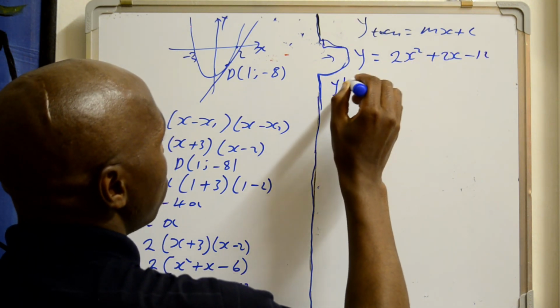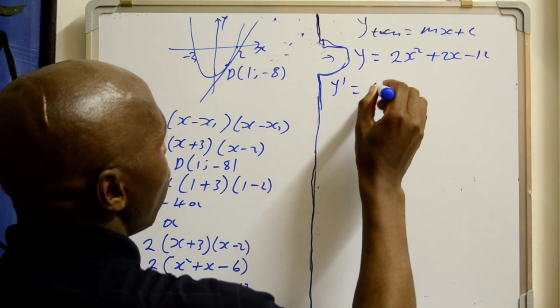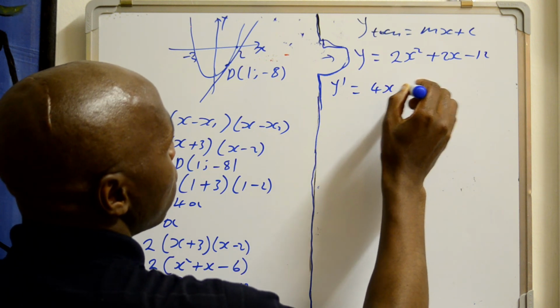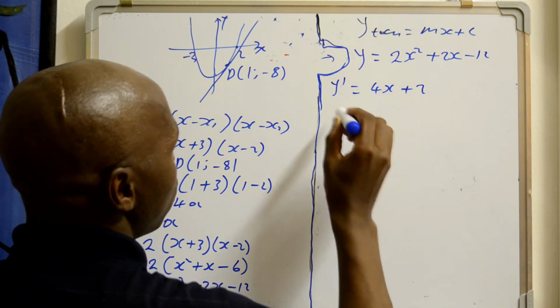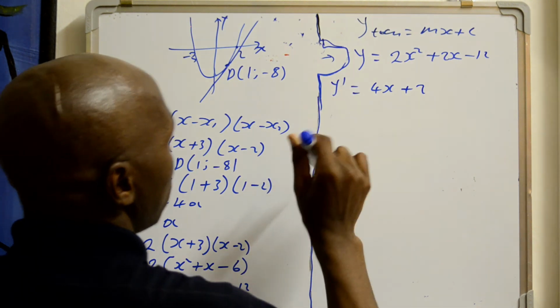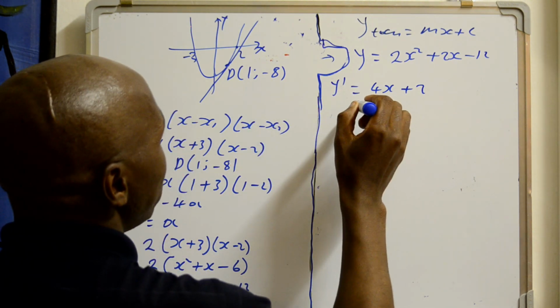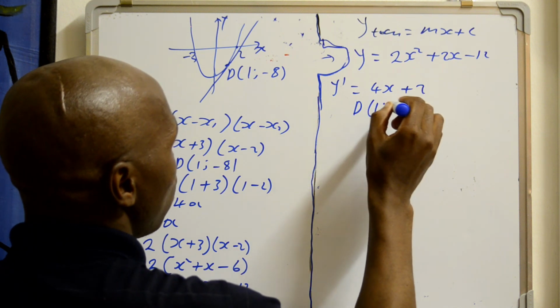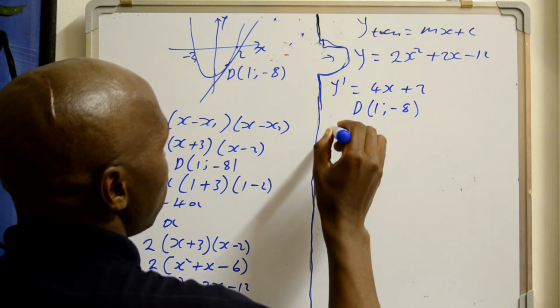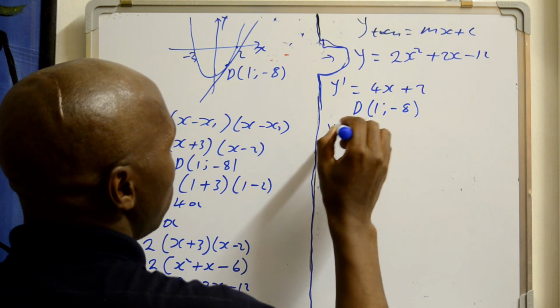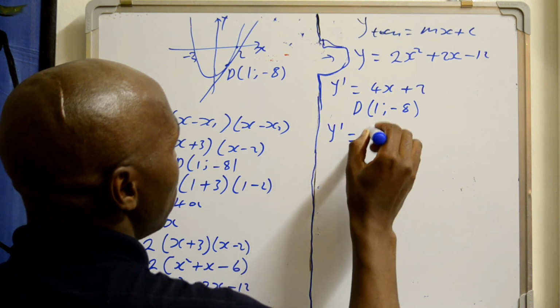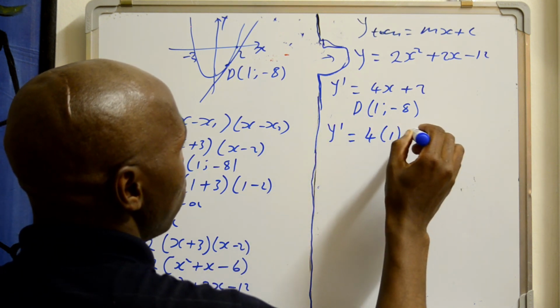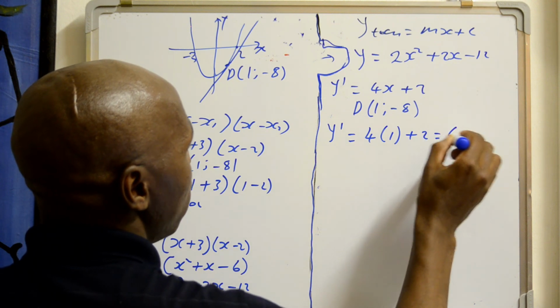So y prime is 4x plus 2. Now we take that point. At point D, ingubani gradient yakho? So point D, 1 is to minus 8. So xa ngaba u-x engu-1 ingubani gradient? Then you find i-gradient yakho pha ingu-6.